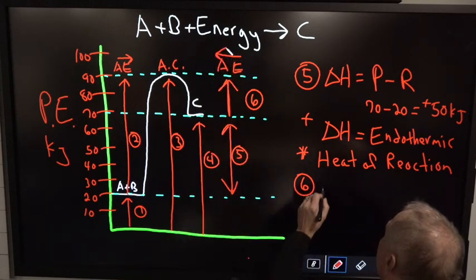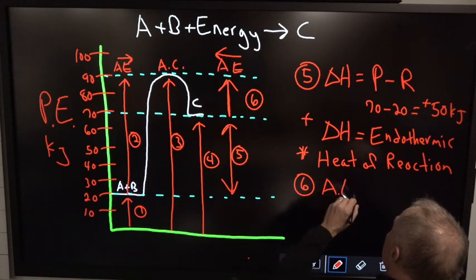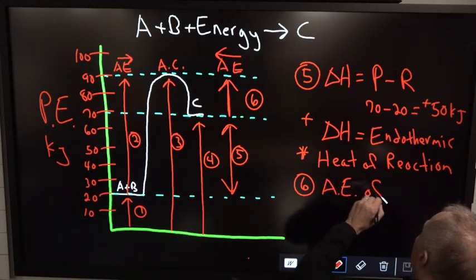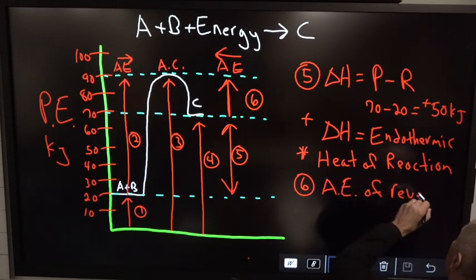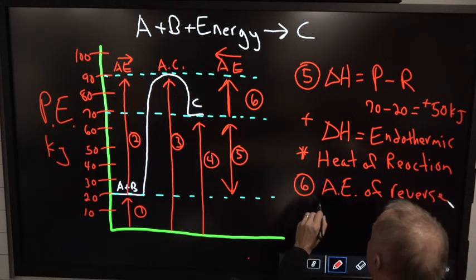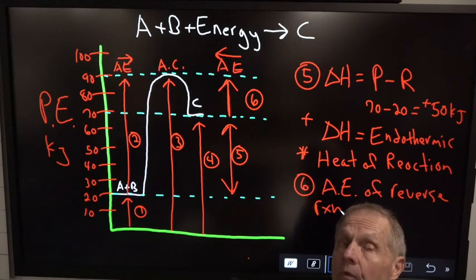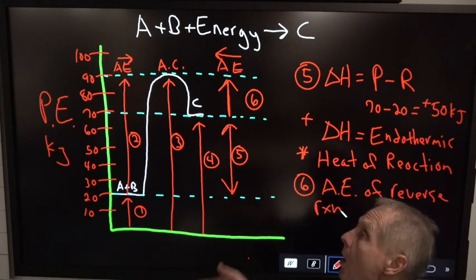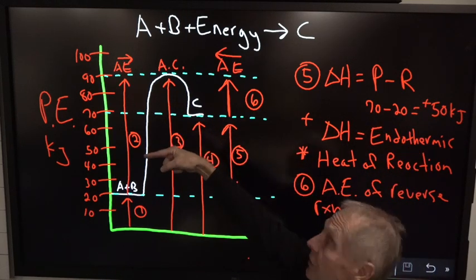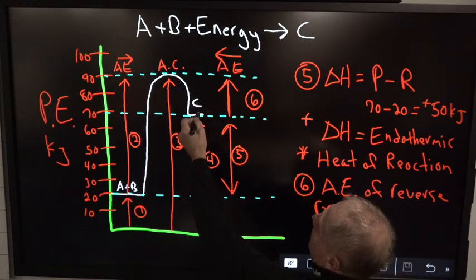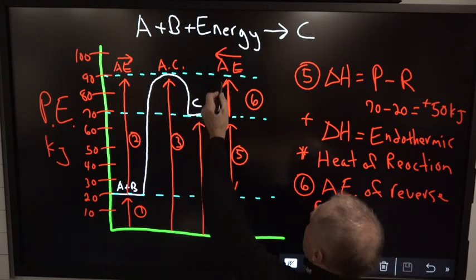So line segment 6, AE of reverse reaction. Now remember, I said activation energy runs from the reactants to the top. Well, since this is the reverse, that would be the reactant. So it's reactant to the top.